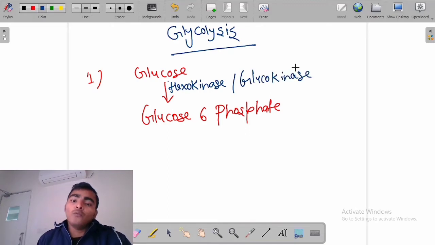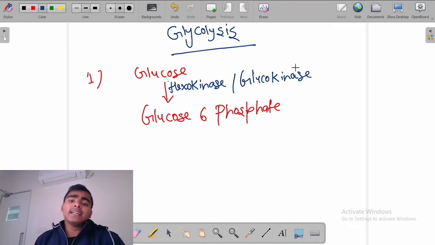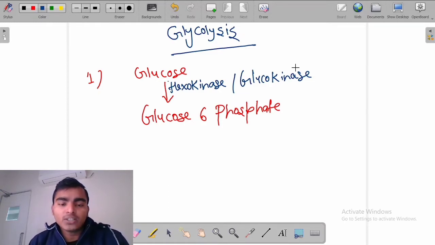Whenever there is the word kinase, what does it stand for? Kinase means an enzyme responsible for phosphorylation, which transfers a phosphate molecule to a particular substance. That's why glucokinase or hexokinase comes under the category of transferase enzymes, as it transfers a functional group, that is phosphate.